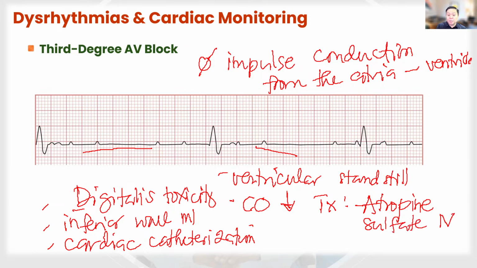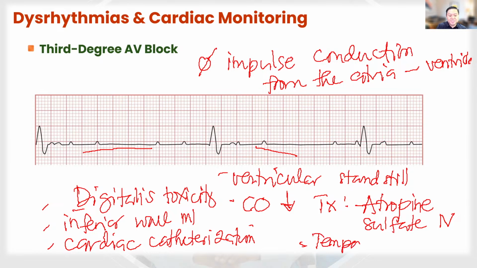And if they become symptomatic, or if their heart rate drops below 60, or let's say 40s, 30s, then definitely we need to administer the atropine sulfate.